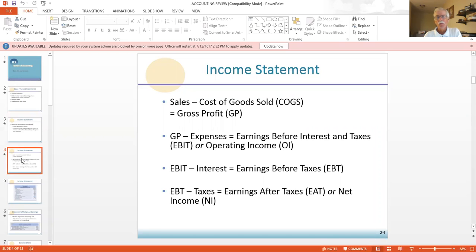There are, as we look at our income statement, several points where we want to stop and compare ourselves to where we were in the prior year or how we're doing against, for instance, our competition or peer group.